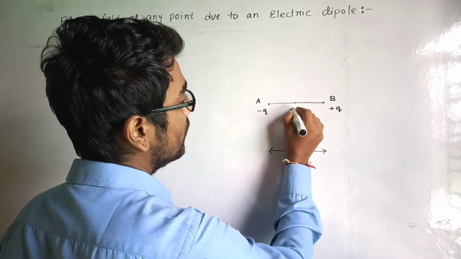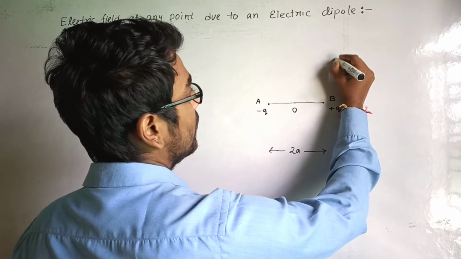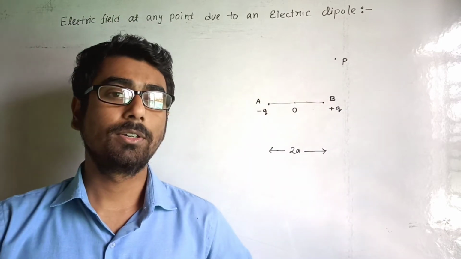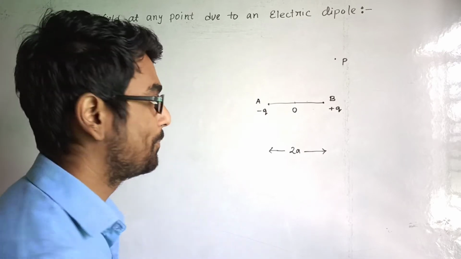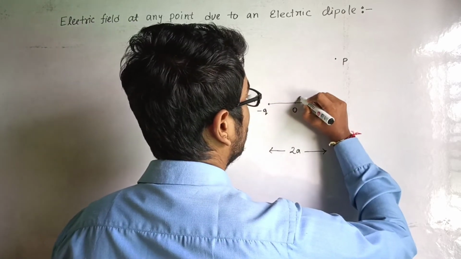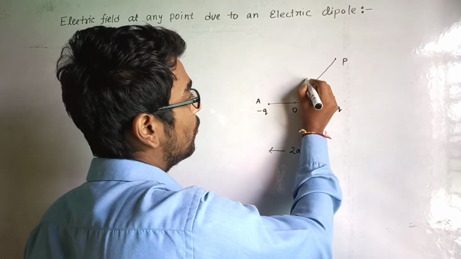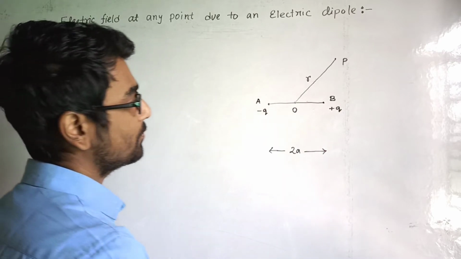Let O be the midpoint. Let P be the point where we will find the expression of electric field. Let the distance of the point P from O be r.